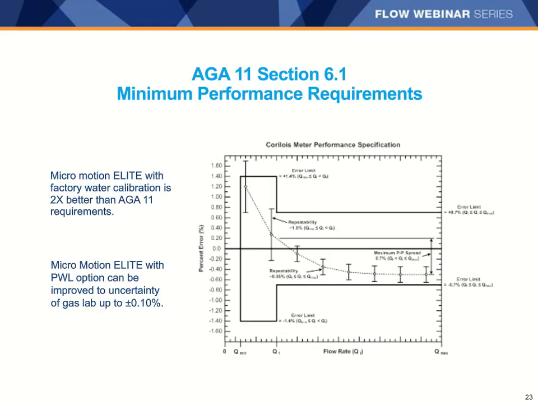However, with the flexibility and adjustment methods that are now available with the addition of the PWL option, it is possible to match gas lab reference standards very closely, and this will facilitate both meters and labs to continue to deliver better and better uncertainty in measurement results over time.